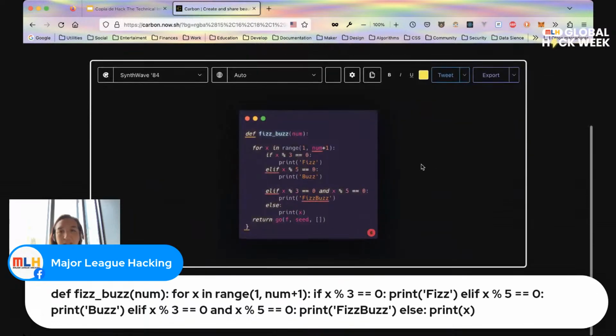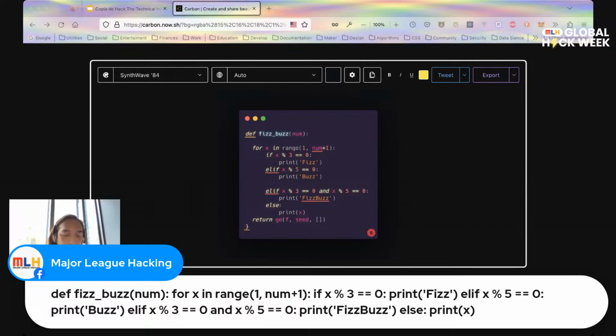Yeah, this is my solution, right? And what we can see here, we define the FizzBuzz function, and it accepts a number. That's our input. And then for the range of the number, I go from one to the number to see if the number is divisible by 3, then by 5, and then by both.